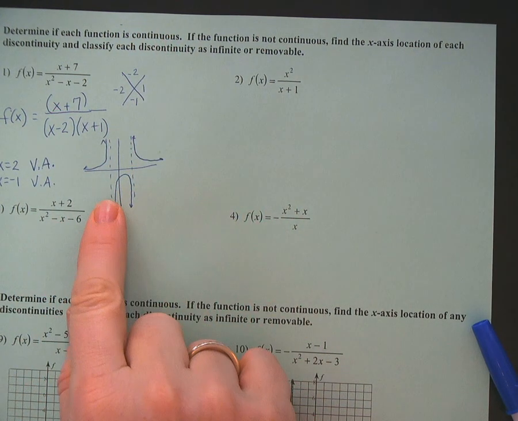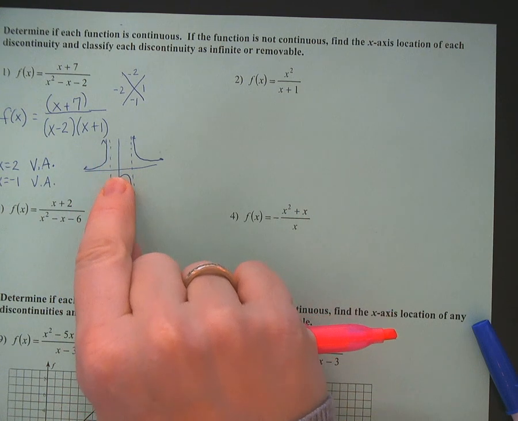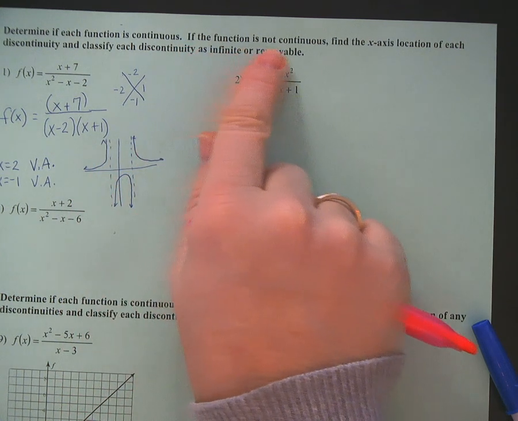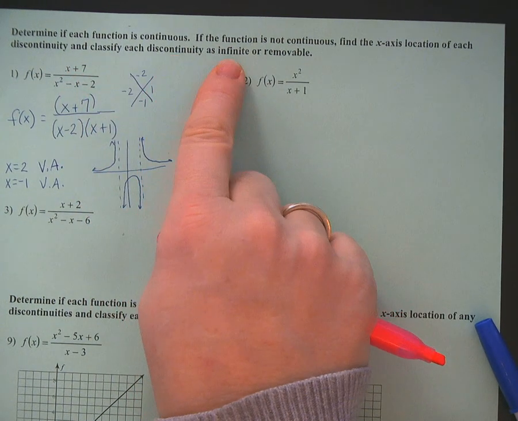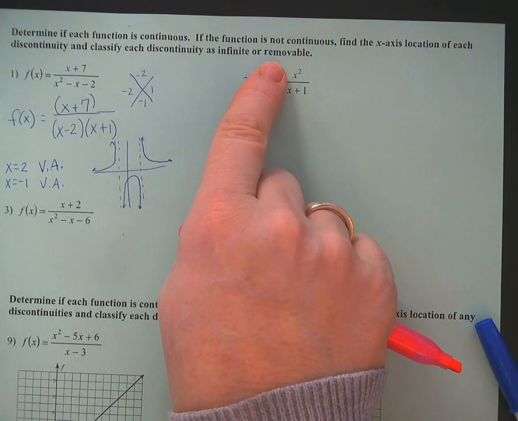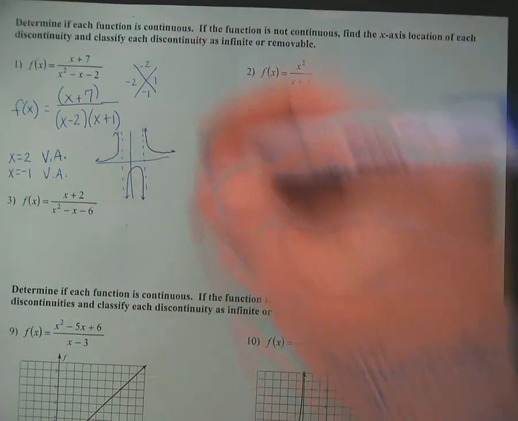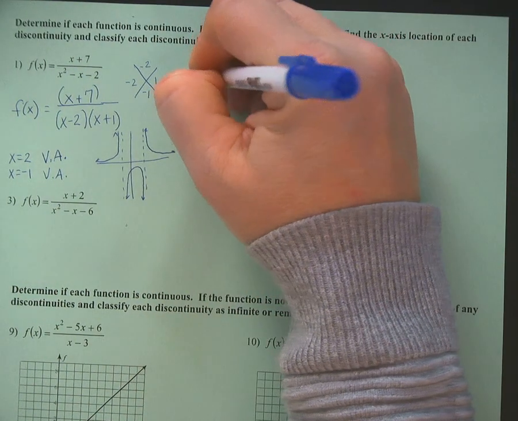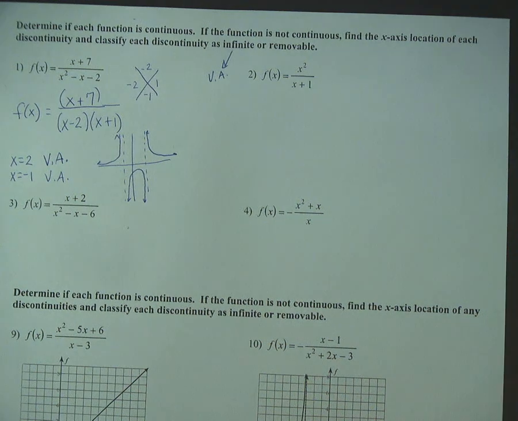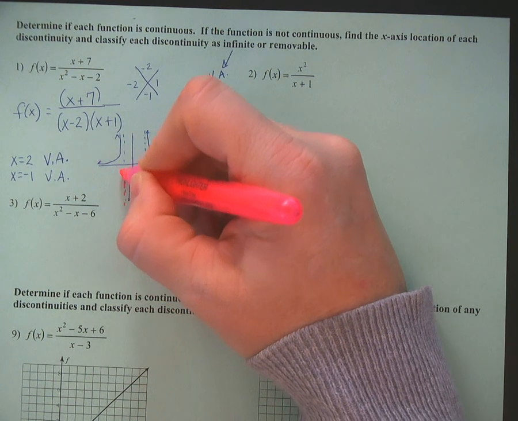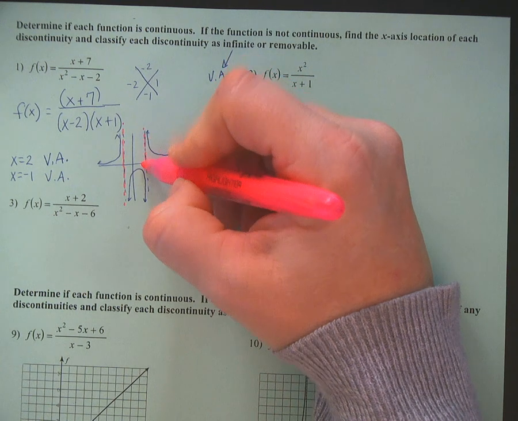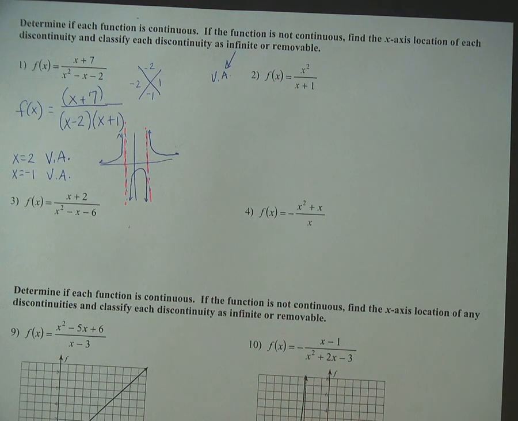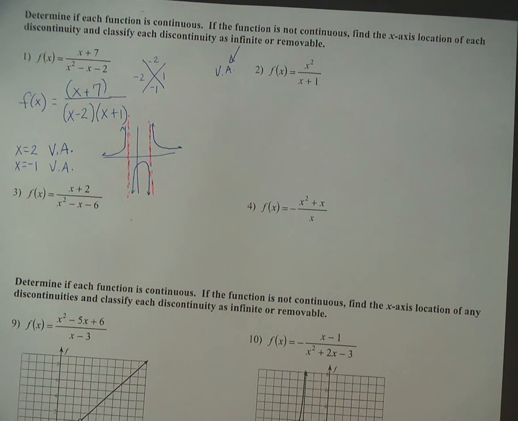So we would say, no, this is not continuous because we have some breaks in it. If the function is not continuous, determine if the discontinuity is infinite or removable. So infinite discontinuity is another name for a vertical asymptote because this break goes forever all the way up whenever x equals -1, and this one goes forever whenever x is 2.